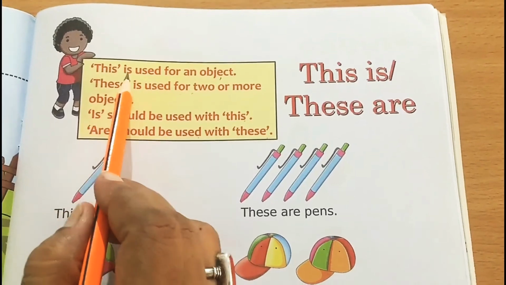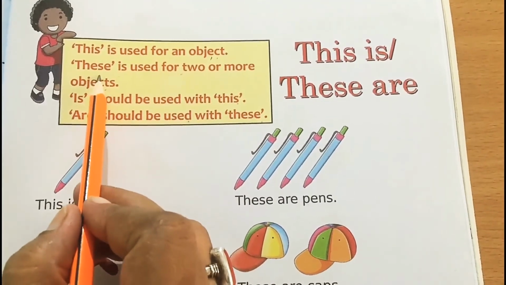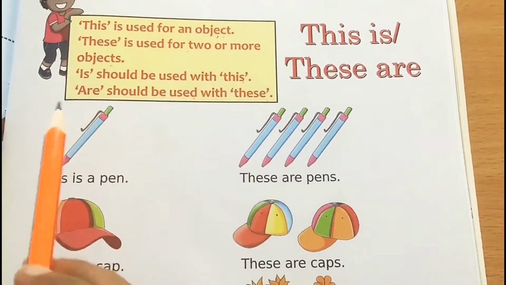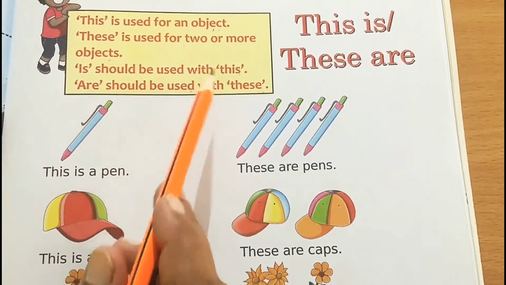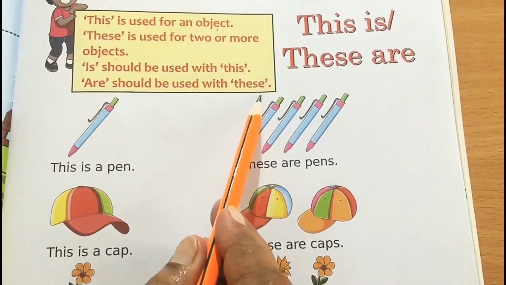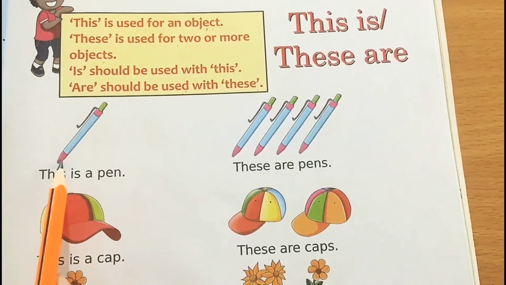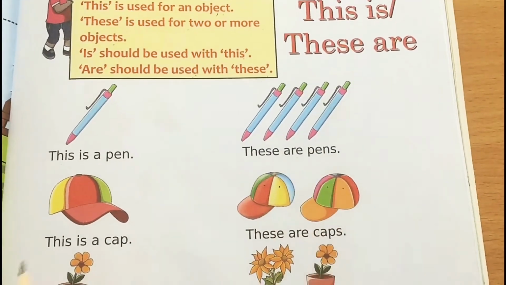Kids, this is used for an object. These is used for 2 or more objects. Is should be used with this and are should be used with these. This is a pen. These are pens.